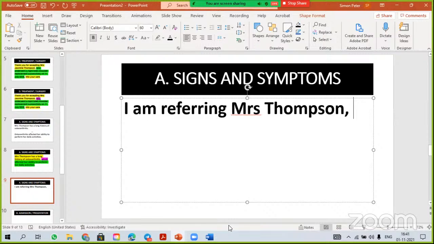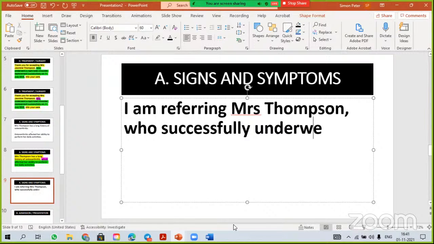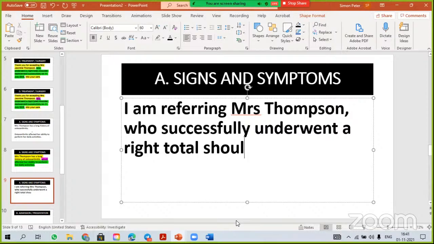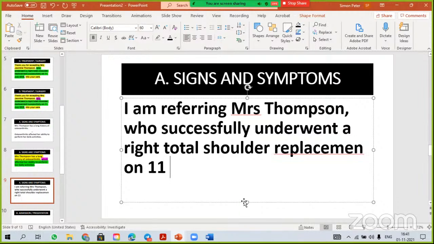I am referring Mrs. Thompson who successfully underwent a right total shoulder replacement on 11 July 2021. Fine. This is one sentence.